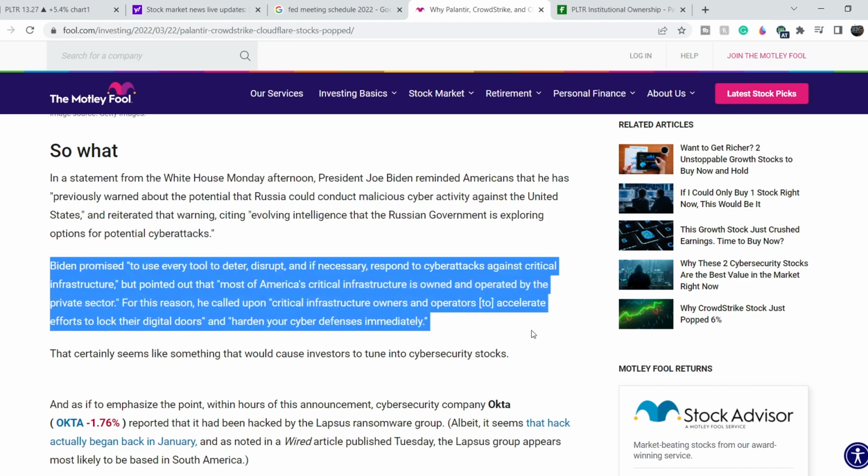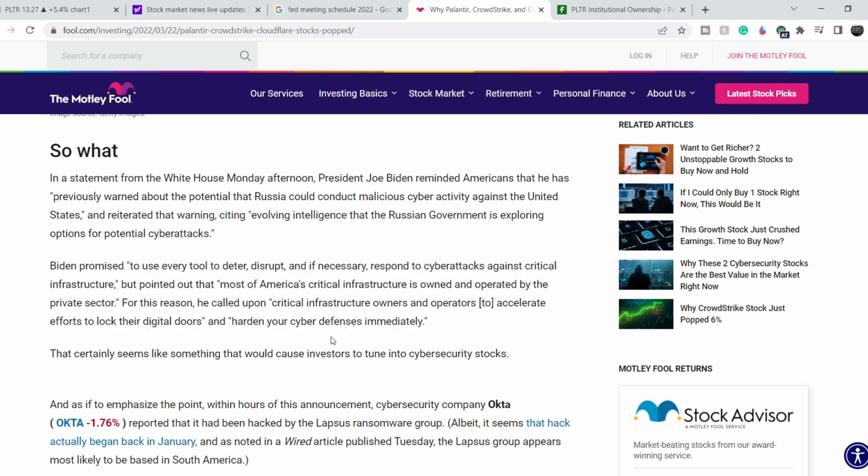Biden promised to use every tool to deter, disrupt, and, if necessary, respond to cyber attack against crucial infrastructure, but pointed out that most of Americans' critical infrastructure is owned and operated by the private sector. For this reason, he called upon critical infrastructure owners and operators to accelerate efforts to lock their digital doors and harden your cyber defenses immediately.